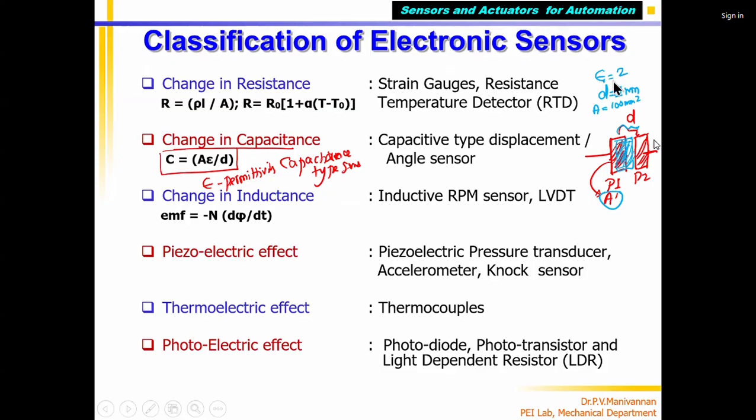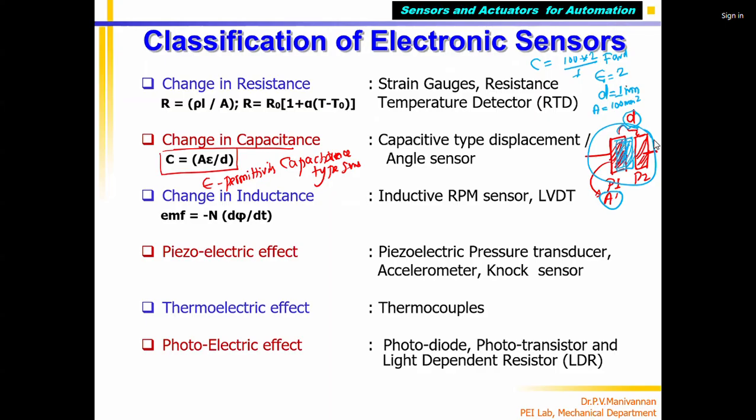Then I can say the capacitance C equals A, 100 mm square, multiplied by epsilon equal to 2, divided by D. If you use appropriate SI units, millimeter or meter, we get so many farads. The capacitance of this capacitor is nothing but two parallel conducting plates separated by a distance D, and in between there's a non-conducting material. Dielectric means non-conducting material, which has permittivity.